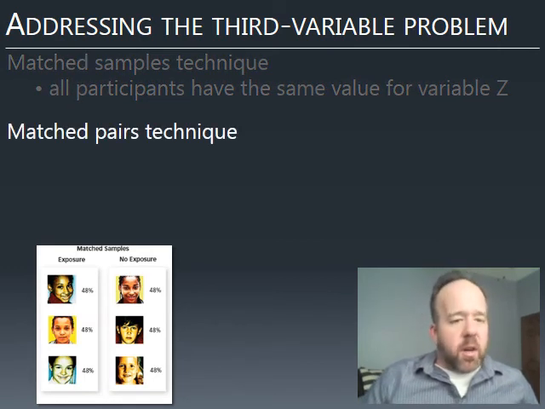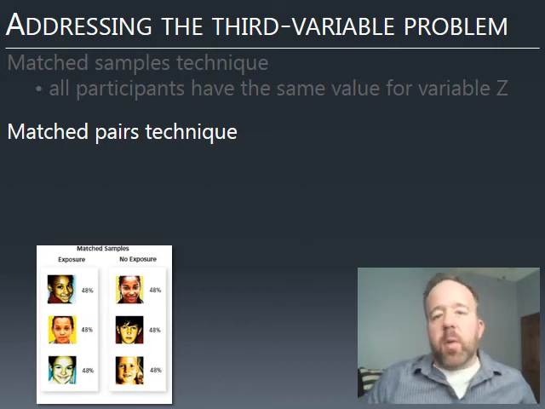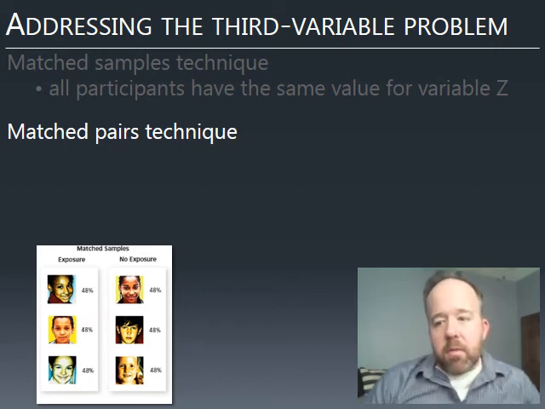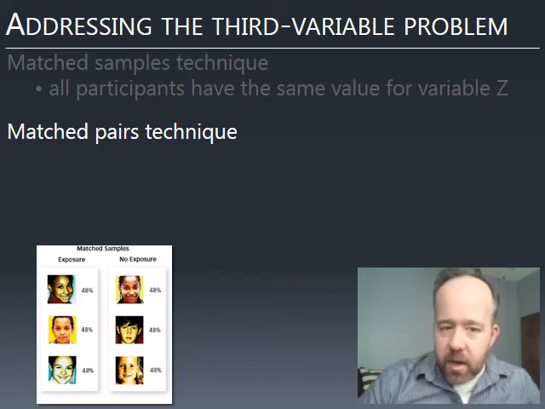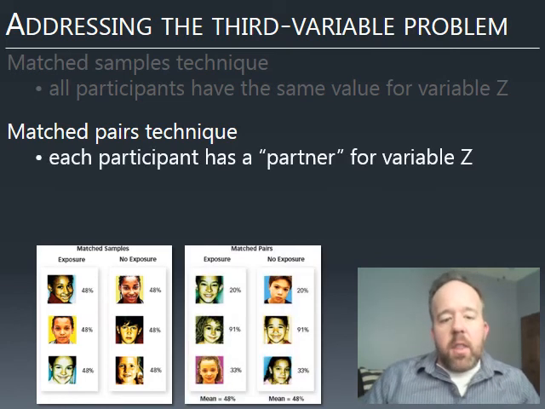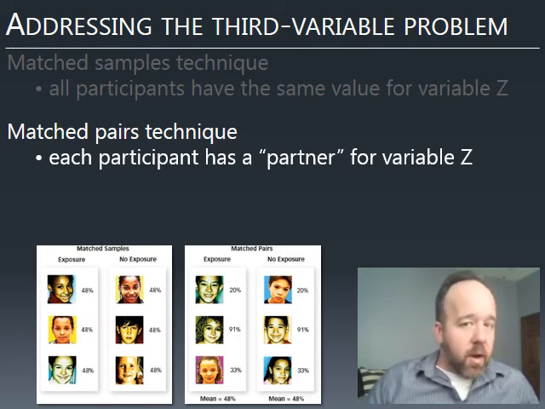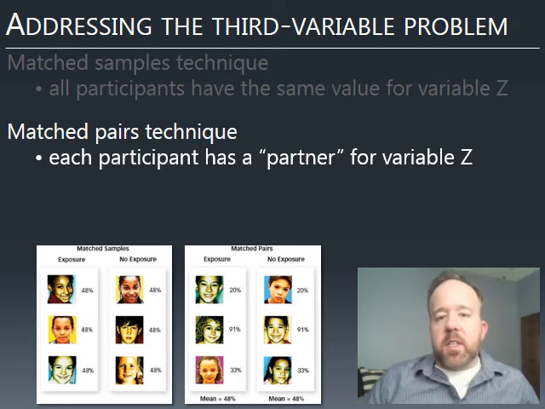Another way of addressing it, and this is a little bit easier, since trying to find a whole bunch of people with exactly the same value for a given variable can be tough, is the matched pairs technique. It's not that all the participants have the same value for variable Z, but for each participant, there's someone in each group, whether you're exposed to violent programs or not, that has the same level of adult supervision.